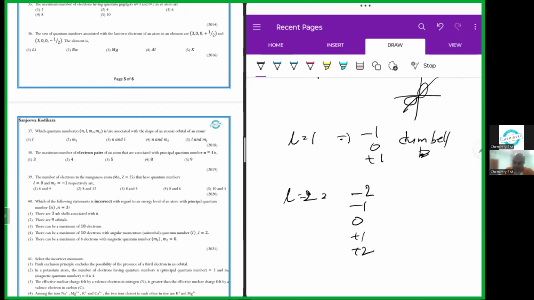So for example, here also we have -1, and here also we have -1. So this -1 is double dumbbell, right? So just by looking at ML, you can't deduce the shape. But just by looking at L, you can deduce the shape. And with the combination of L and ML, yes, you can.